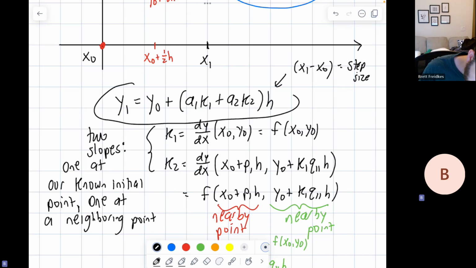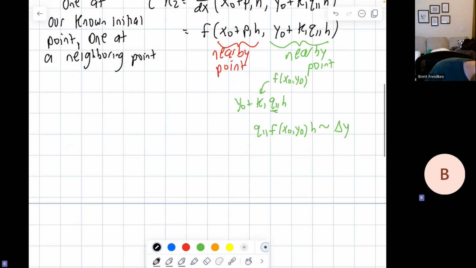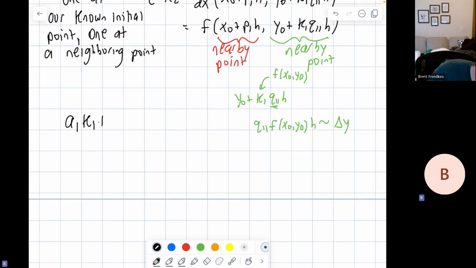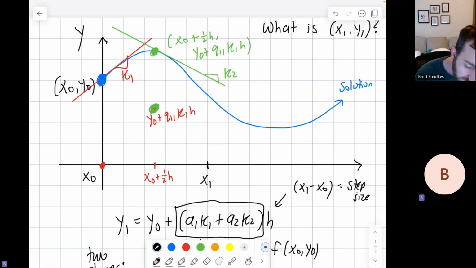Well, if we come back up to here, we see that this term, which is like a slope, knowing that a1 and a2 are constants, that expression, a1 k1 plus a2 k2, is like a weighted average of slopes. So essentially what we're doing is we're looking at the average of these two slopes to try to figure out a better idea of what the trajectory of our curve is.